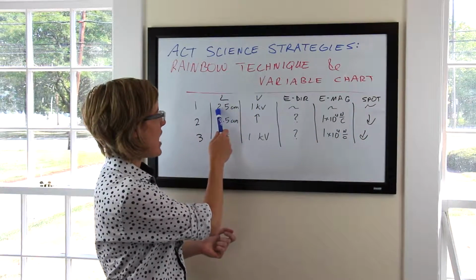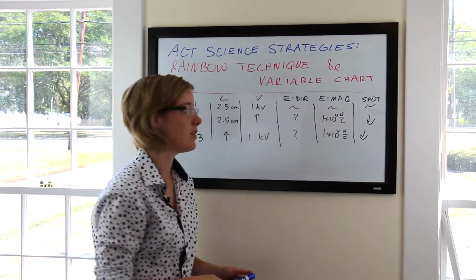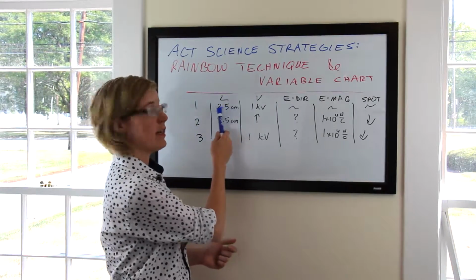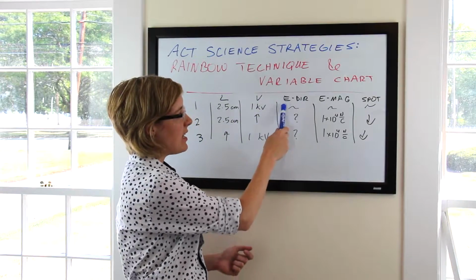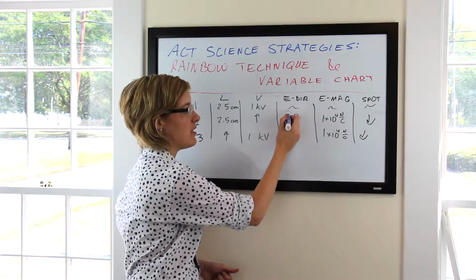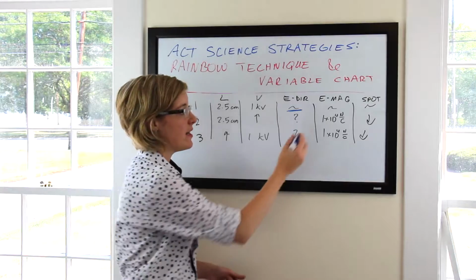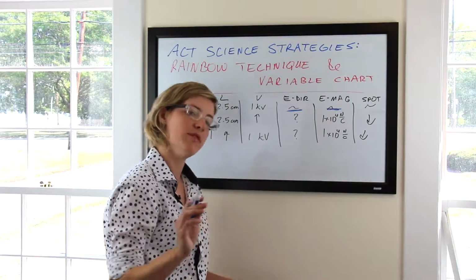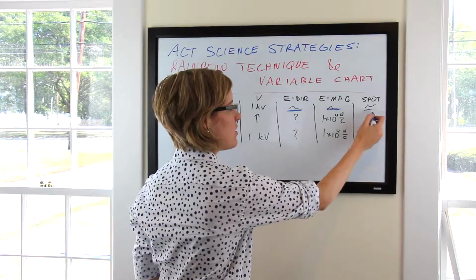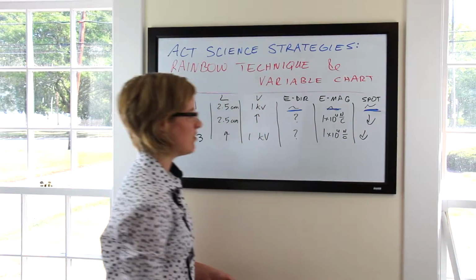So we have 2.5 centimeters that's held constant for this trial, study 1, and 1 kilovolt for V, and E, and this is my shorthand, for varies. This here is my shorthand for varies. You want to write as little as possible. Develop your own shorthand. And the location of the spot of light also varies.